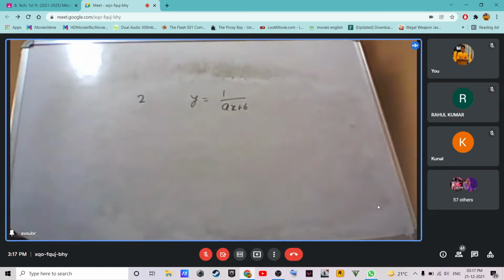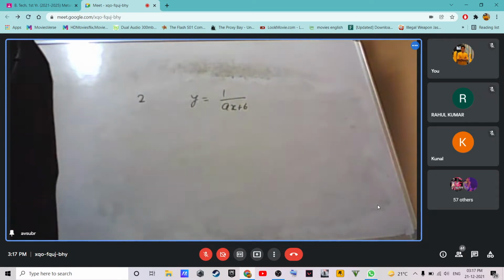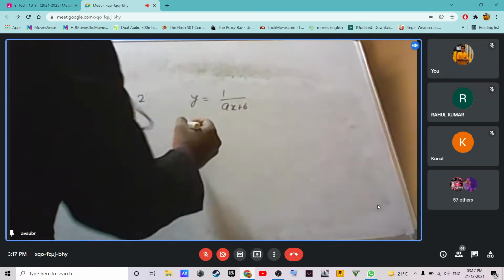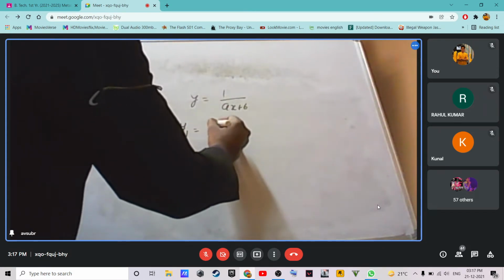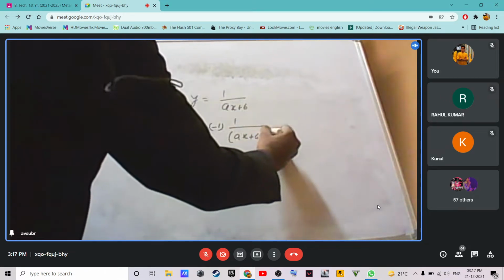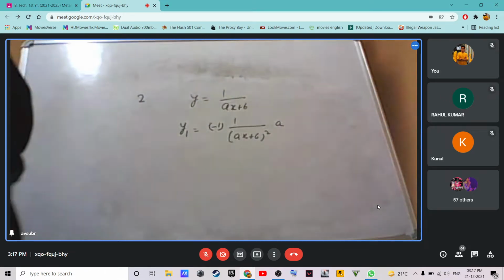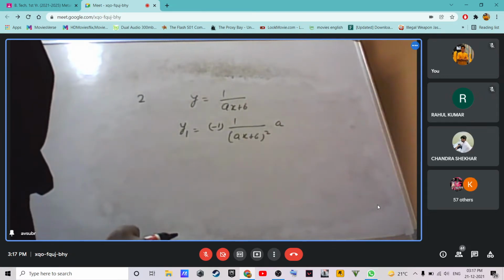Now we are going to see what happens if it is 1 by ax plus b. So the first derivative will be minus 1 by ax plus b whole square into a. Isn't it?